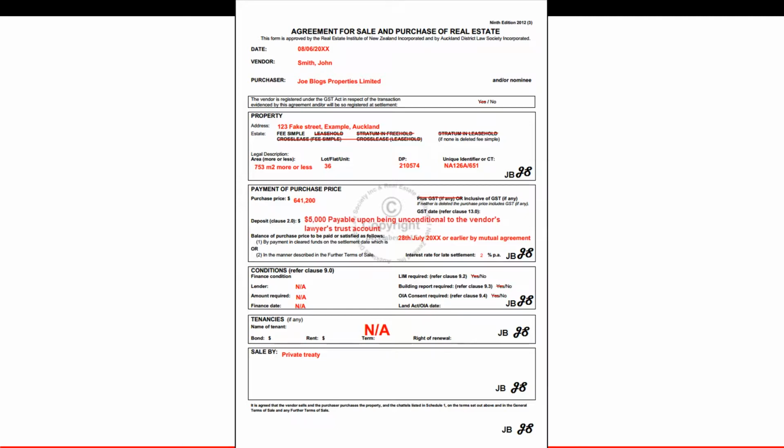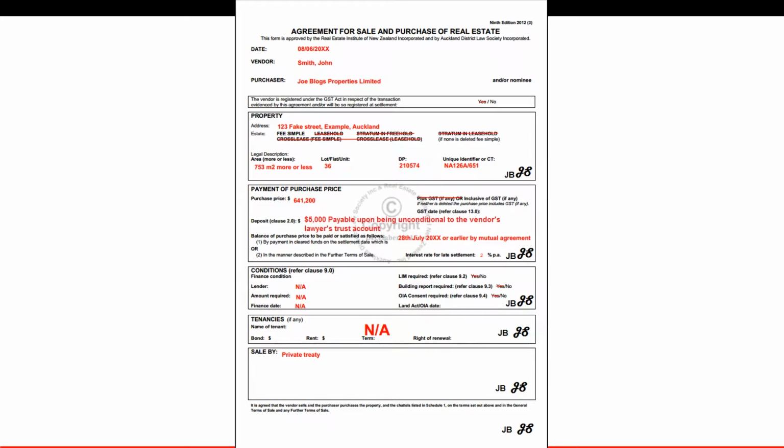I've never had the issue of paying directly into someone's bank account and the money going missing or anything like that, but just to avoid it completely, I've been told by my lawyers to write $5,000 payable to the vendor's lawyer's trust account upon going unconditional. So that's how it's worded here.